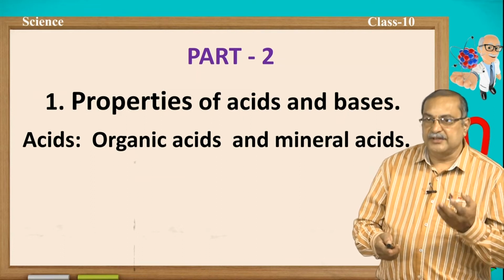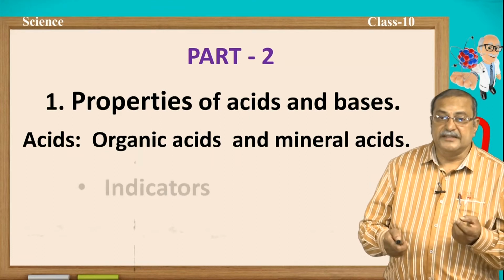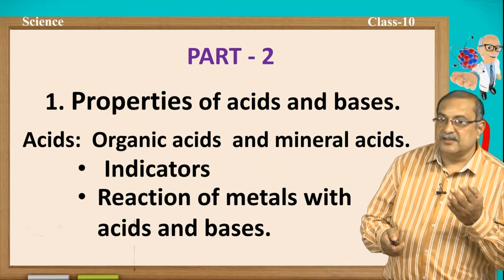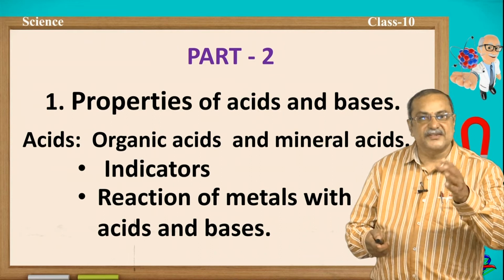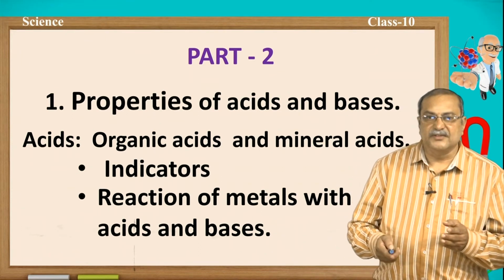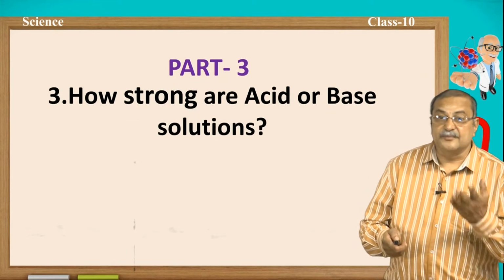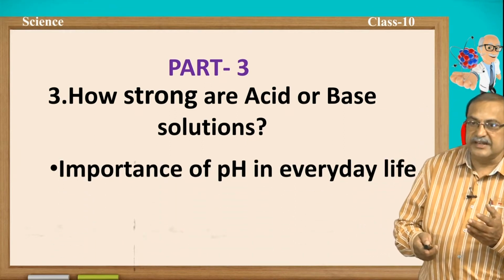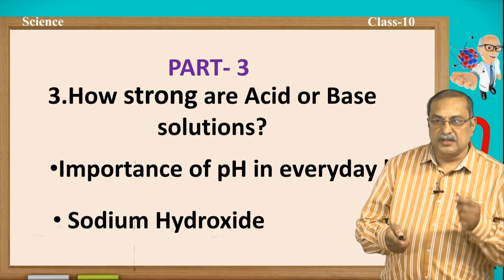Mineral acids are hydrochloric acid, sulfuric acid, etc. We also learnt how to identify using indicators, the reaction of metals with acids and bases, and how to identify the hydrogen gas as well as carbon dioxide gas which is released. We have learned that, no? So, in the next part, how strong are acid or base solutions, the importance of pH in everyday life, and sodium hydroxide, about this we are going to learn.